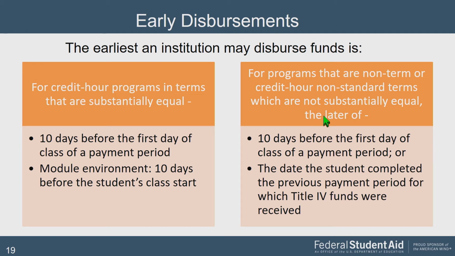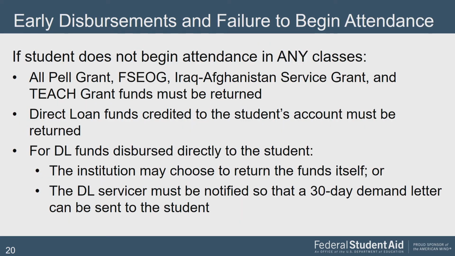Okay, so early disbursements: 10 days before the first day of class. But if a student does not begin attendance in any of the classes, they're considered no-shows, which means any money that was applied before that first day of class must be returned. Any direct loans that were credited to the student's account must be returned as well.